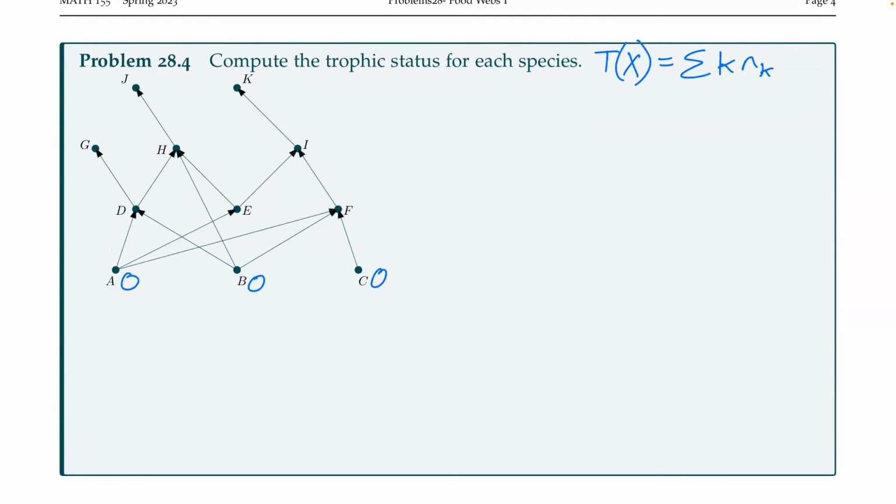What we can do is put this in table format. So imagine for species D, we're just going to list all the species that have a path to species D, and we want the longest path from that species to species D. Okay, so which species does D feed on altogether?